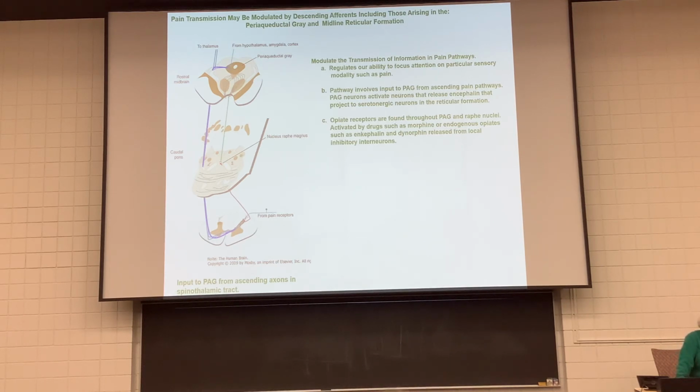Those neurons can also be active. They have a lot of opiate receptors. And there are intrinsic opiates that we have in the body, like enkephalin and dynorphin. But let's just activate our PAG neuron.